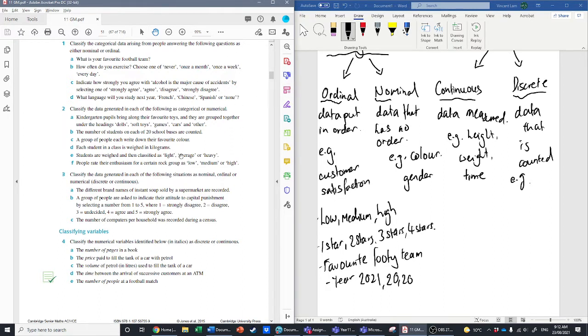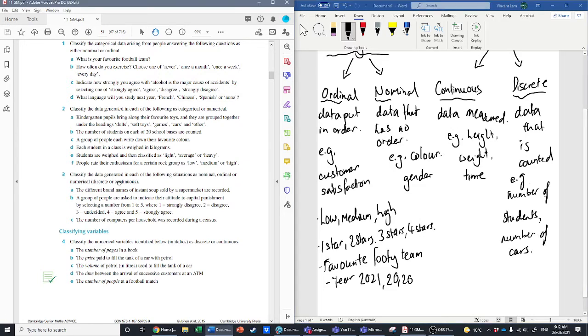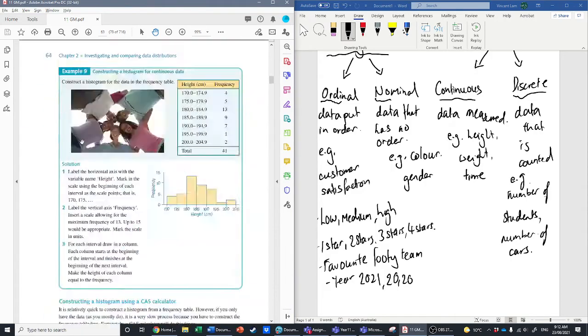The more examples you have, the better it is. So data that can be counted will be number of students or number of cars, things like that. So that was classifying data.